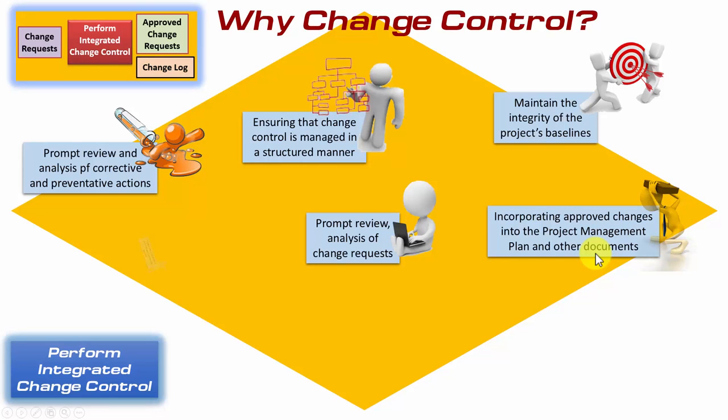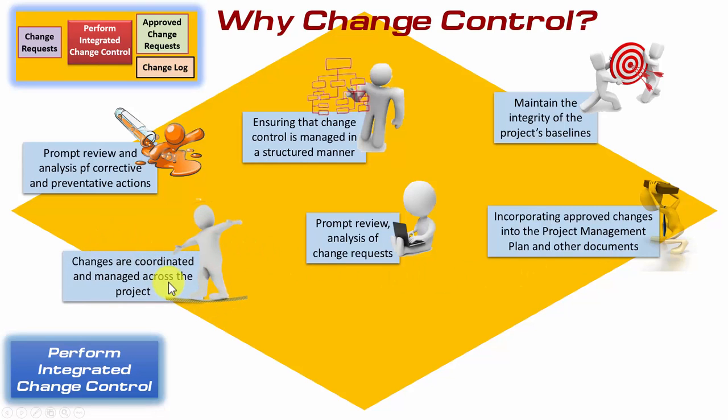Another reason why you should be using change control is so that changes are coordinated and managed across the project. Now this is important because a change in one area may have an impact in others. A simple example I like to give is if you were designing a new car, and partway through that design, run as a project, it was agreed to change the size of the tyres that you were going to fit to the car.